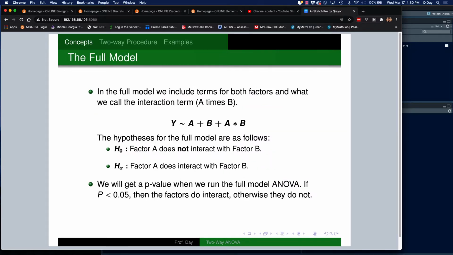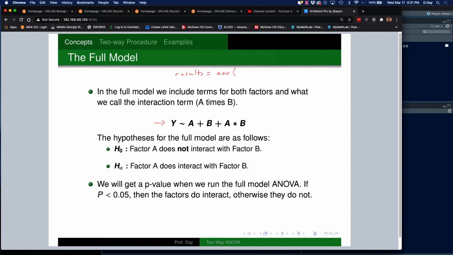So the full model ANOVA for the two-factor analysis. In the full model, we include some terms. This is what we would include in our ANOVA output, because when we did the one-factor ANOVA, we called that little variable results, which was just our ANOVA function, aov.